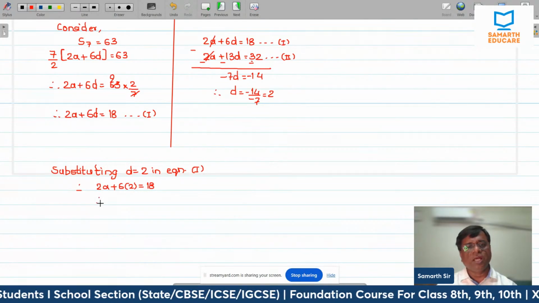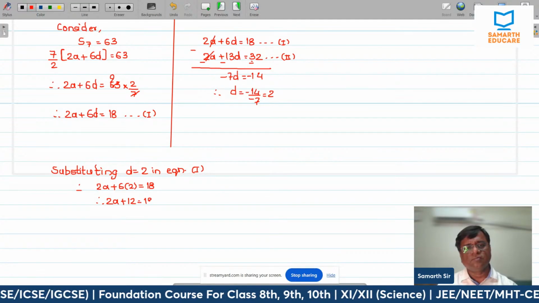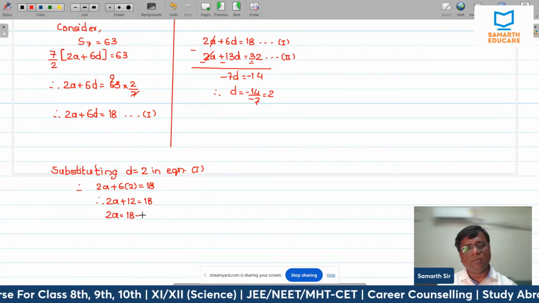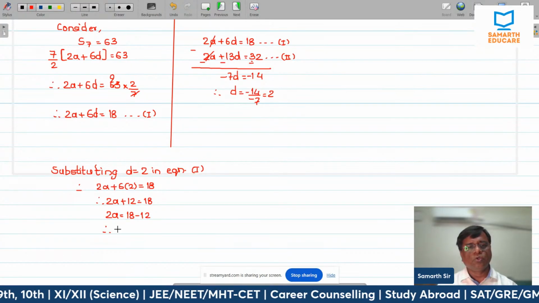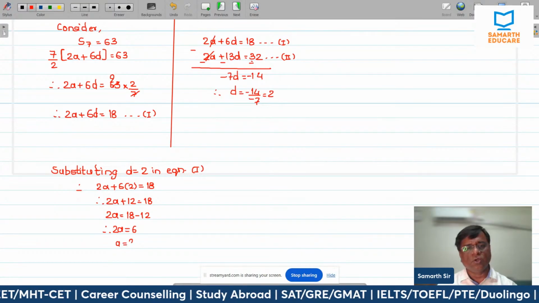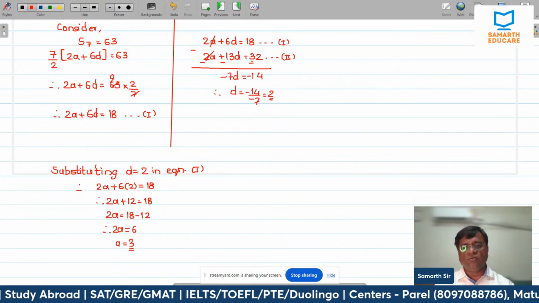The value of d is 2. So 2a plus 12 is 18, 2a is equal to 18 minus 12, so 2a is equal to 6, and a is equal to 3. So I have the value of a now, and I also have the value of d.